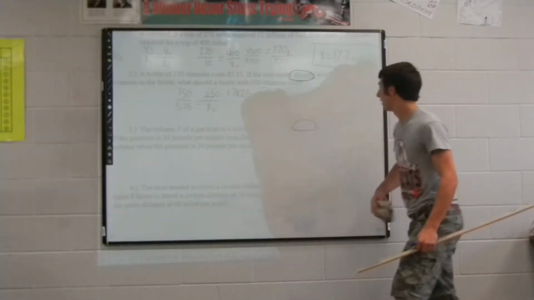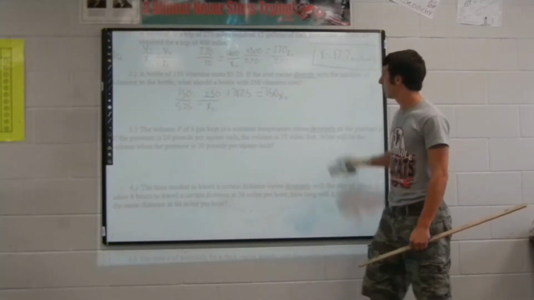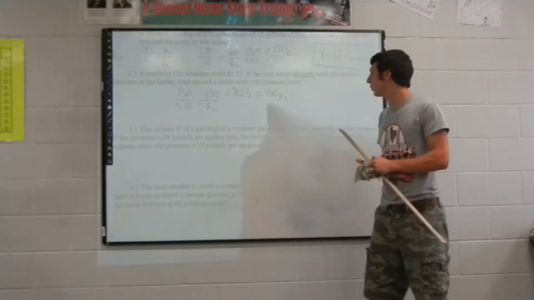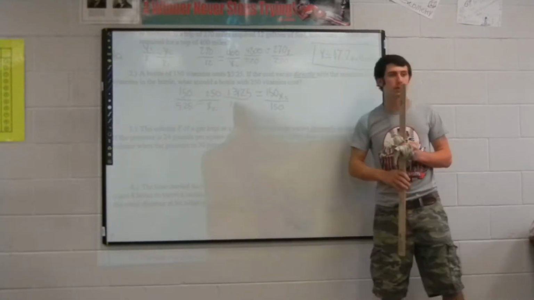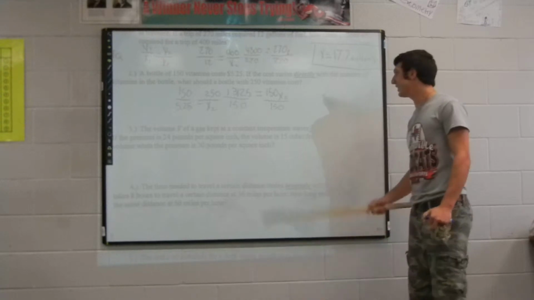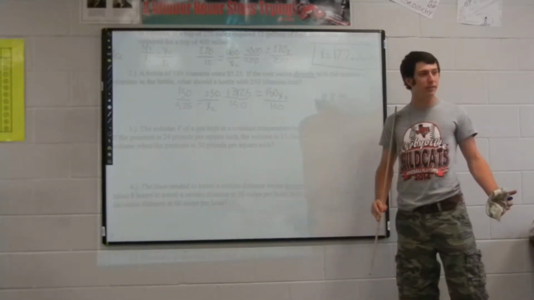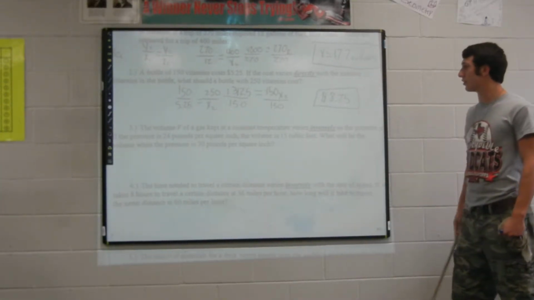Hey, let me make it easy on you. Now we must divide. Very simple. What is this number divided by this number? $8.75. And that's your answer. How easy is that? Come on, guys. You should be excited about this. This is straight 100. Alright, that is your answer.